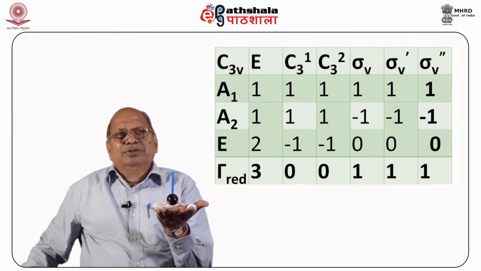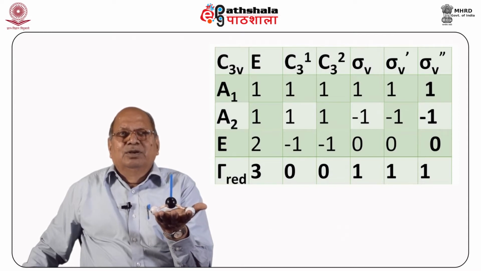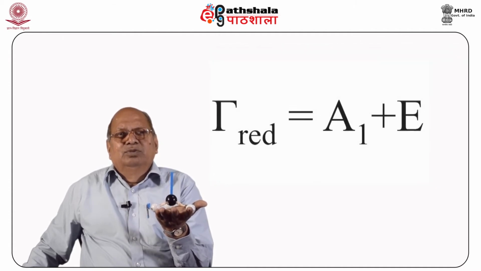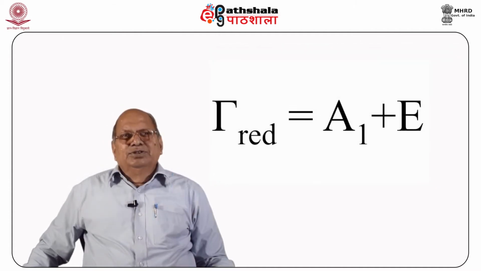Gamma reducible can be reduced to irreducible representations by following the standard reduction formula and by making use of the character table of C3v group as given below. After reduction, it comes out to be gamma reducible equal to A1 plus E.